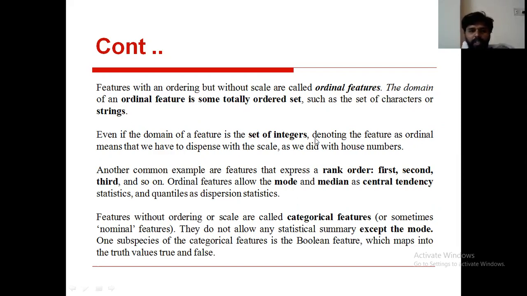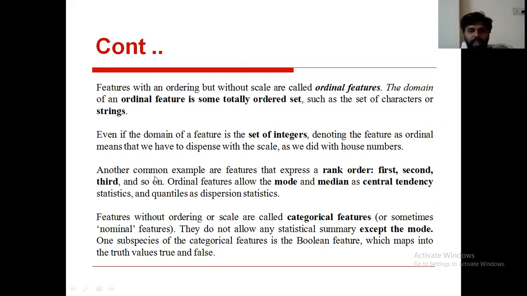And coming to the next example, we may give a set of integers also, to represent the ordinal features. And we may write a set of house numbers, but we can't disperse all these on a scale. Why? Because a set of characters we can't measure on the scale.